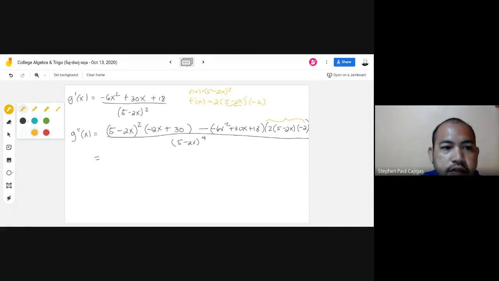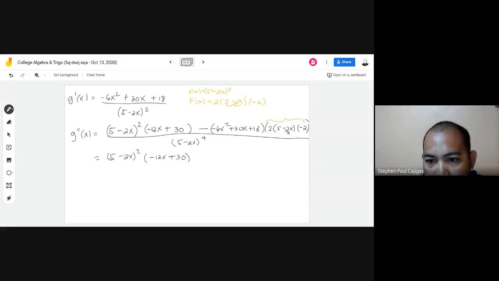Okay, so let's continue. We will simplify. Here I will factor out 5 minus 2x, because later on it will cancel. So we have 5 minus 2x quantity squared times negative 12x plus 30. Then I will multiply everything except the 5 minus 2x.